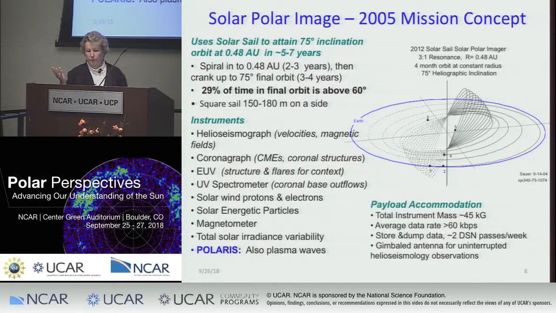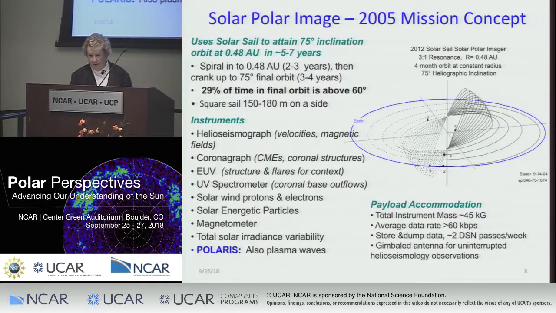Then you go to 0.48 AU and start cranking the orbit up, and you get higher and higher depending on how long. We picked 0.48 AU because that's in 3:1 resonance with Earth, so the spacecraft is always in view of Earth and you can communicate whenever you want.